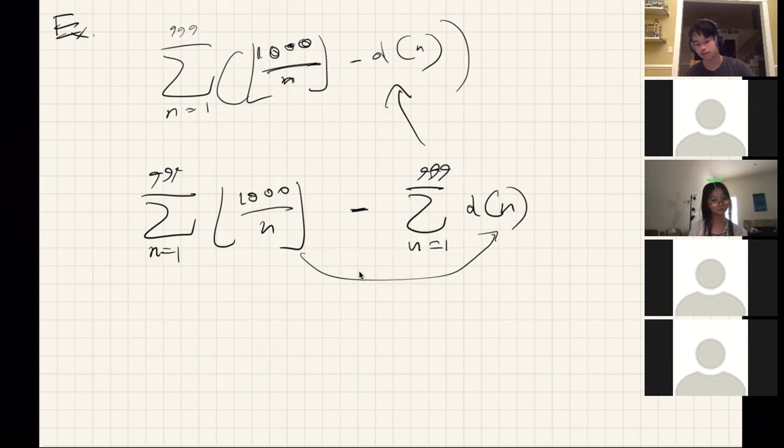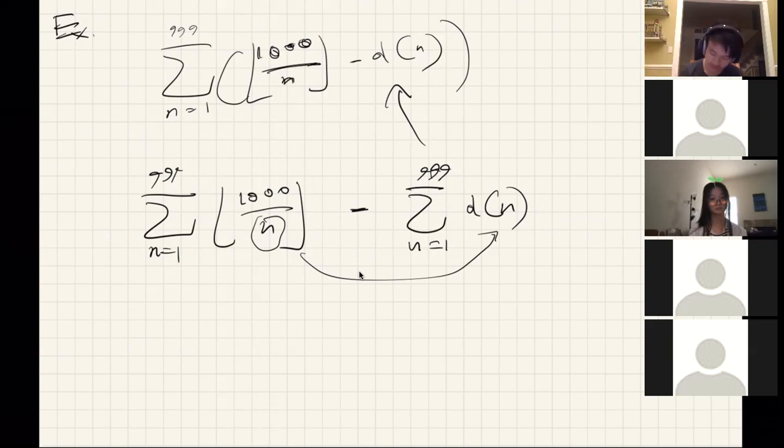Instead of thinking about divisors of n, you can think of this function as dealing with multiples of n.